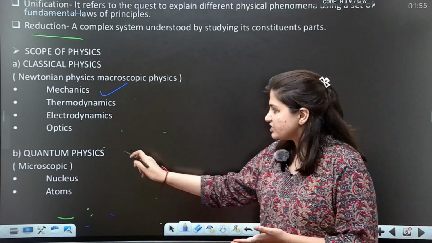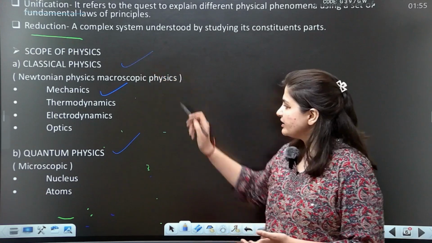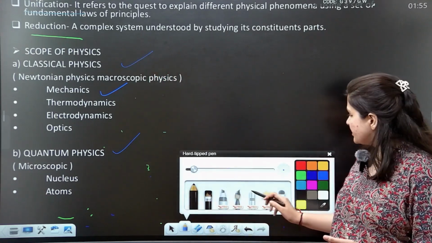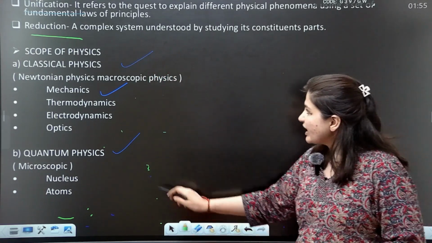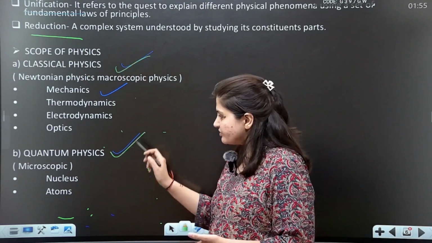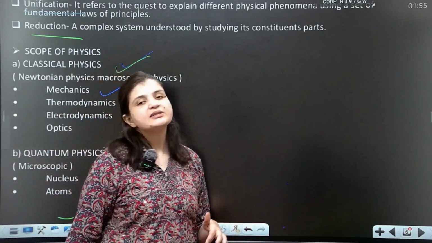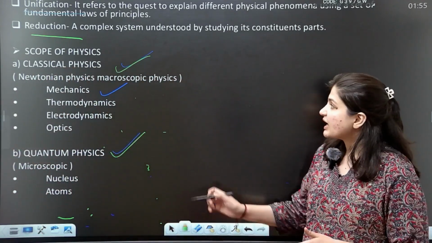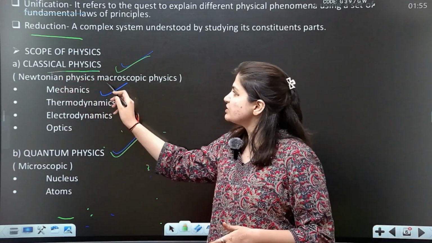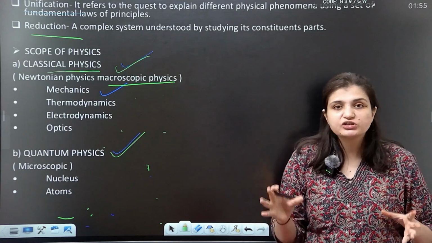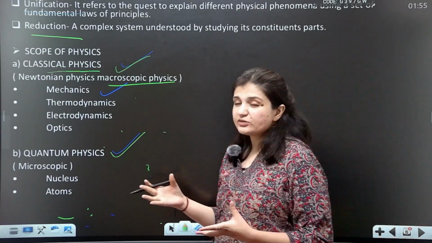We have two branches basically, classical and quantum physics. Classical physics was discovered very much before quantum physics. Classical physics is the physics where we study at the macroscopic level. What is the macroscopic level?